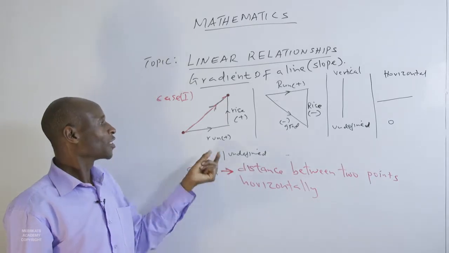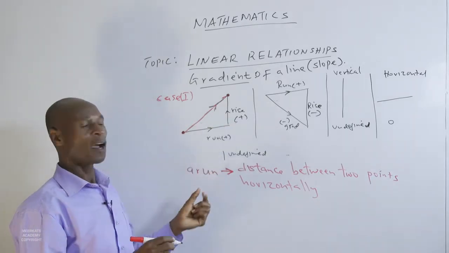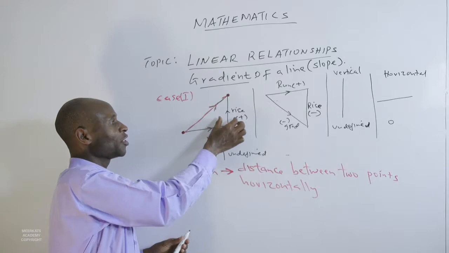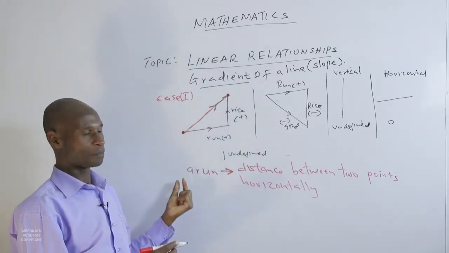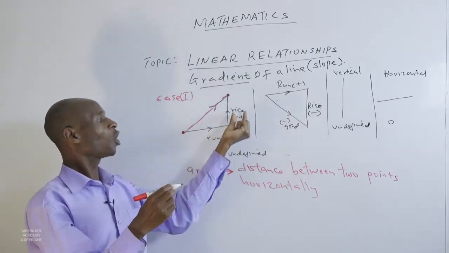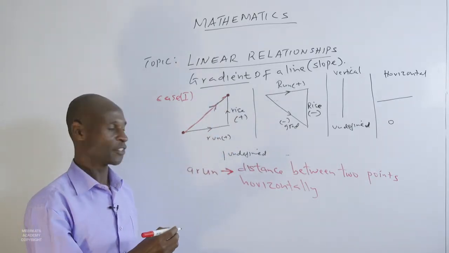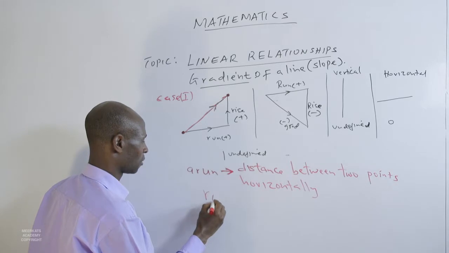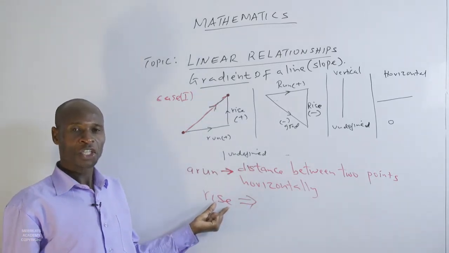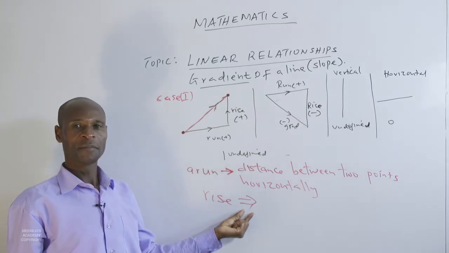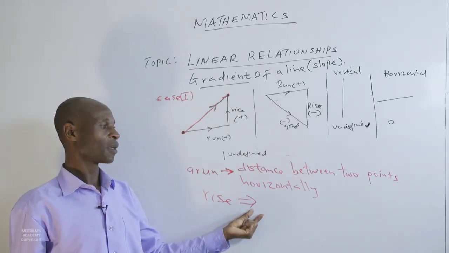We shall also consider another component, that is the vertical component of our line. And the vertical component is called a rise. So a rise by definition is the distance between 2 points vertically.